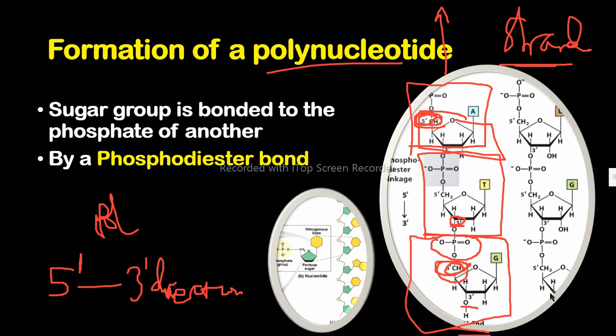But if we consider the lower part, you see this one is carbon number 3, and I believe this one was also carbon number 3, but this is carbon number 5. So if you read going upwards, then this becomes 3 prime to 5 prime. And in DNA, for instance, these strands are anti-parallel, each strand facing in its own direction. So basically, that's how a polynucleotide strand is formed.